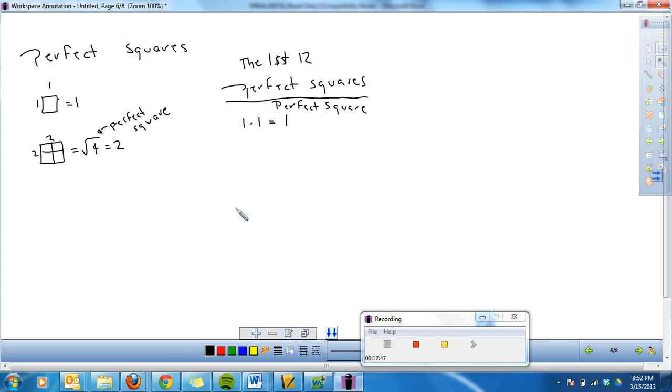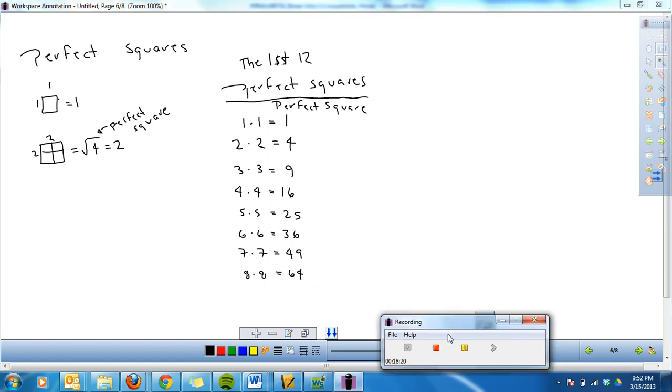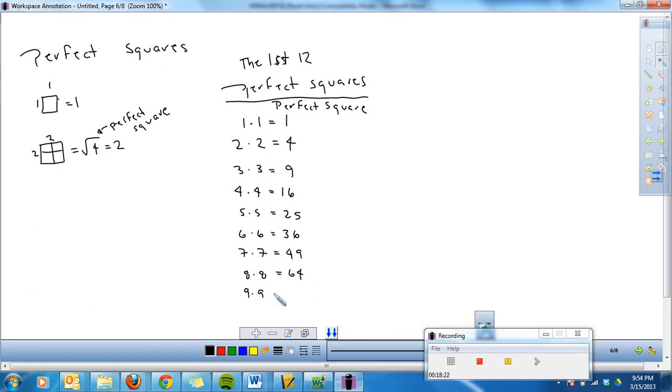So everything to the right is a perfect square. 2 times 2 gives us 4. 3 times 3 gives us 9. 4 times 4 gives us 16. 5 times 5 gives us 25. 6 times 6 gives us 36. 7 times 7 gives us 49. 8 times 8 gives us 64. 9 times 9 gives us 81. 10 times 10 gives us 100.